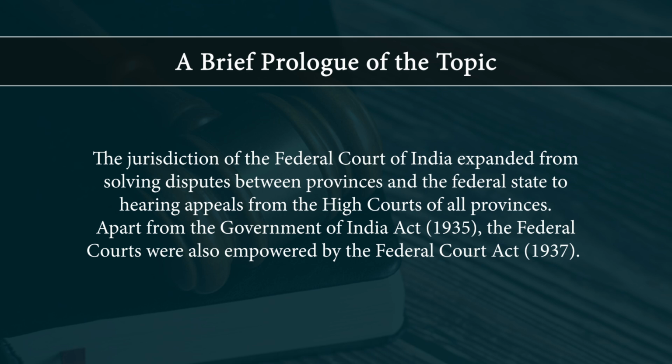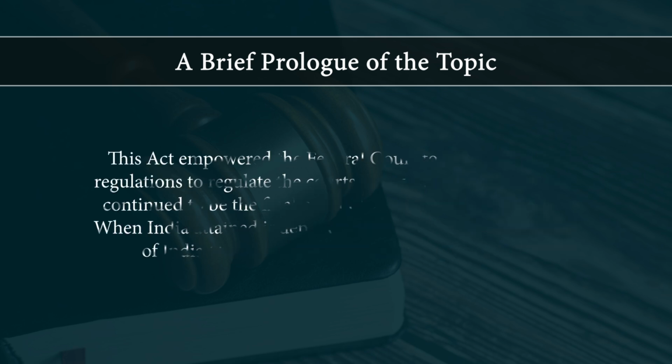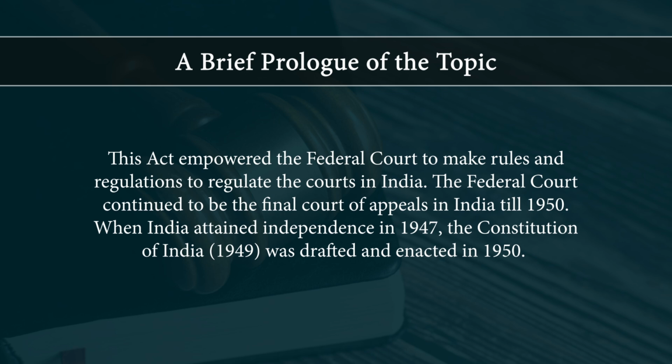Apart from the Government of India Act 1935, the federal courts were also empowered by the Federal Court Act 1937. This act empowered the federal court to make rules and regulations to regulate the courts in India. The Federal Court continued to be the final court of appeals in India till 1950.